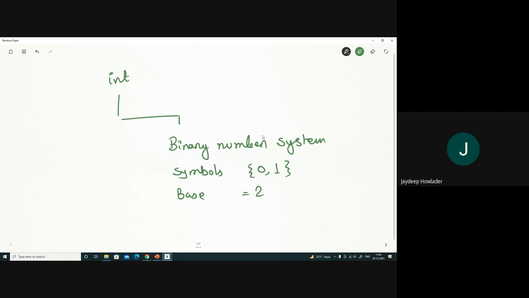Okay? So any number, say if we have a number A, then we represent this number with an n-bit representation, which is 2 to the power n minus 1, b n minus 1, plus 2 to the power n minus 2, b n minus 2, plus up to 2 to the power 0, b 0.